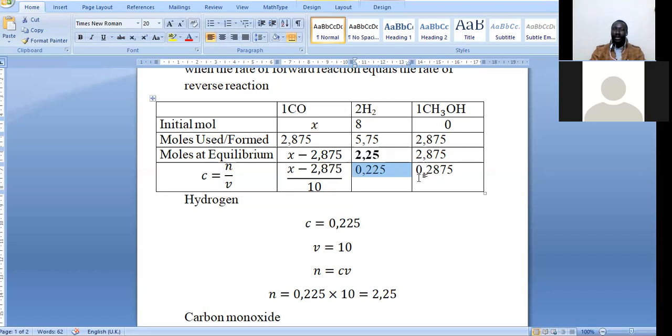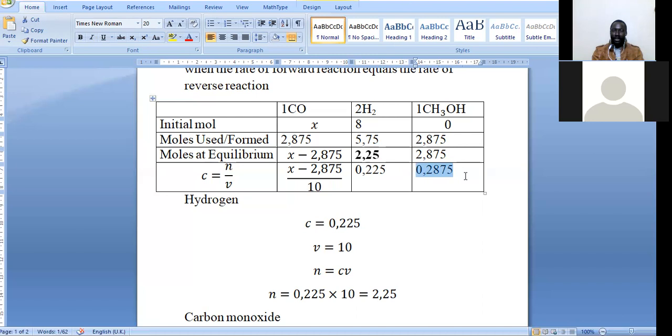Then, to find the concentration of methanol, we also have to know the number of moles. Then we divide it by 10. So when we divide this number of moles by 10, what we get is 0.287. So that is how we get the concentration of carbon monoxide, hydrogen, and methanol. That is for the concentration.